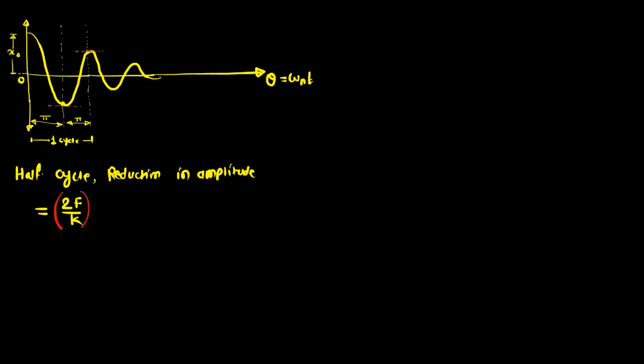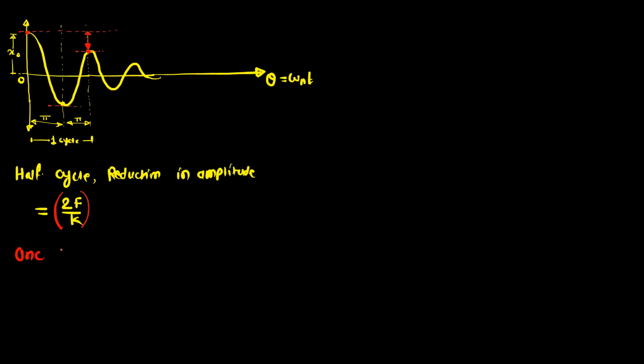And therefore, when the mass reaches the right extreme position again, after one cycle, compared to the first position, that is the x0, this total reduction in its amplitude or the displacement is equal to 2f upon k plus 2f upon k.